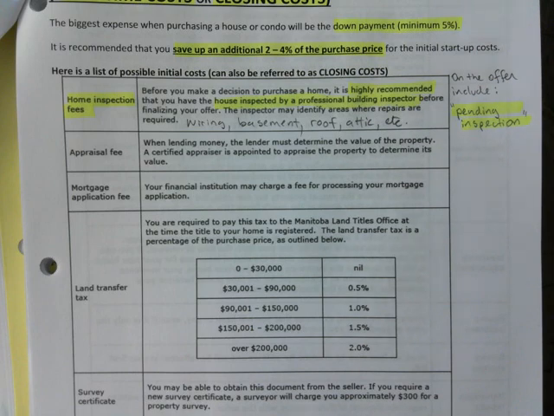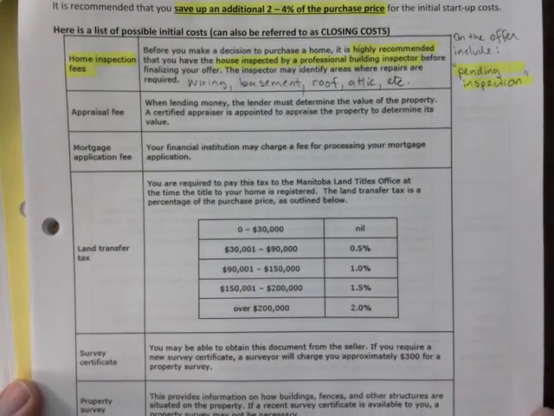If you just want me to inspect 3 things, I'll only charge you $300. But make sure you do that. It's worth it. A lot of people say, oh, it's a lot of money. I don't know. It would suck if you buy a house and then you find out there's a crack in the basement foundation, which costs thousands of dollars to repair.